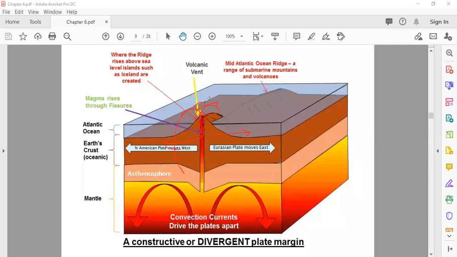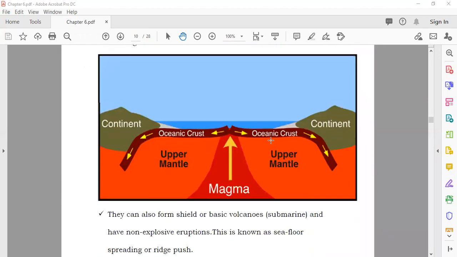So this type of boundary is known as a constructive or divergent plate boundary. You can see here also, these two plates are moving away from each other, and from here lava can come out.